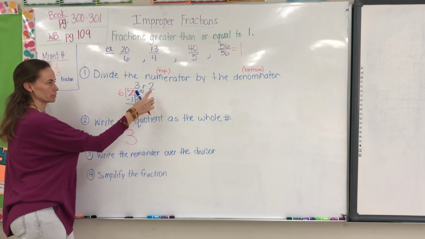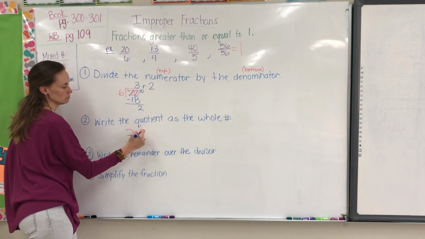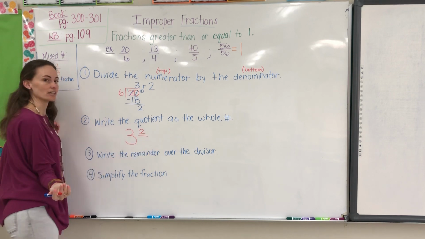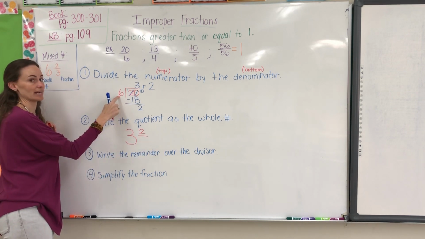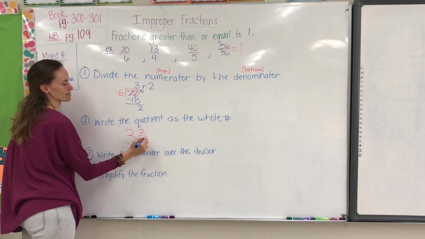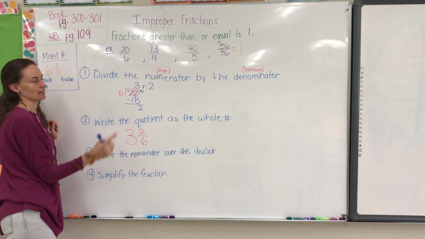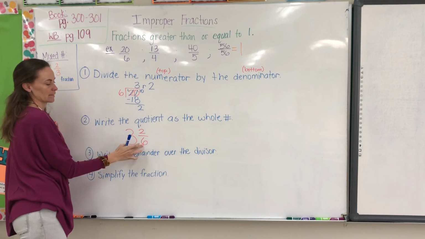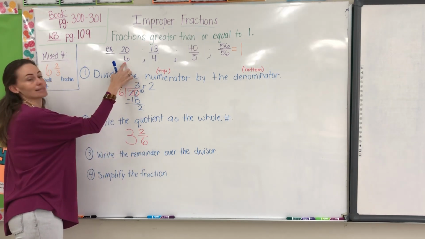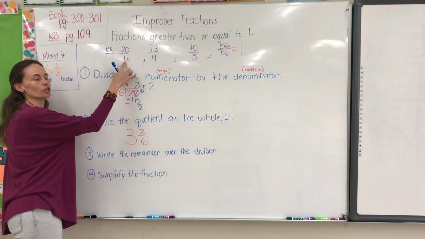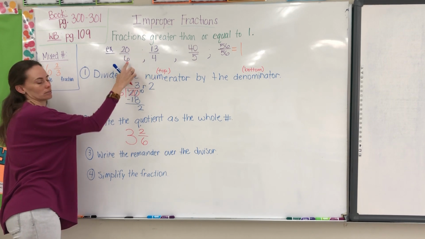What is our remainder? 2. What is our divisor? Remember, divisor is the one that we divide by. So our divisor is 6. So it's 2/6. Now another way to remember the denominator is that it's going to be the same denominator as you started out in your improper fraction.